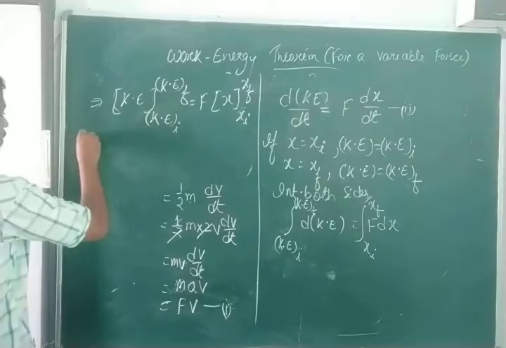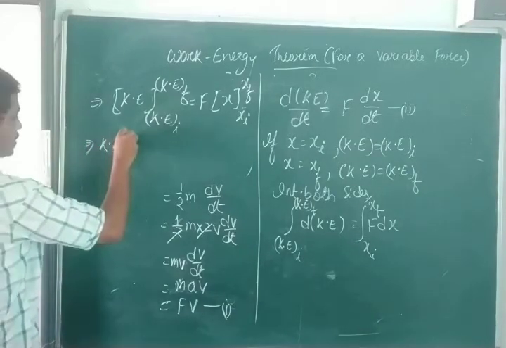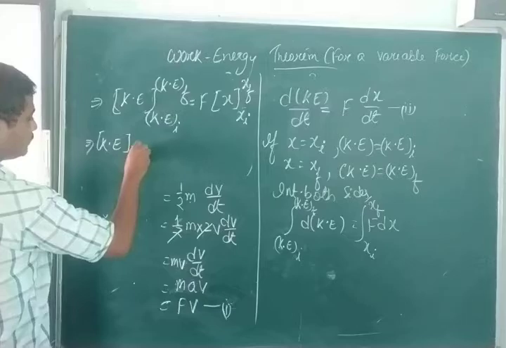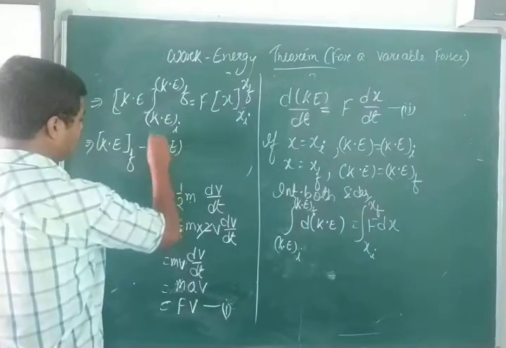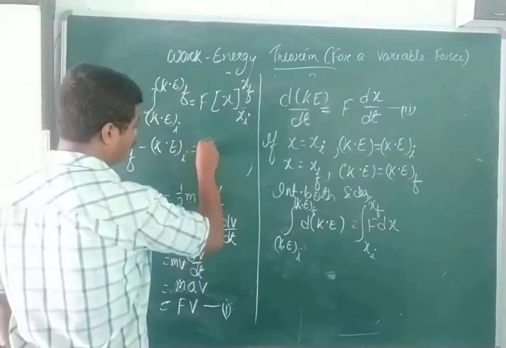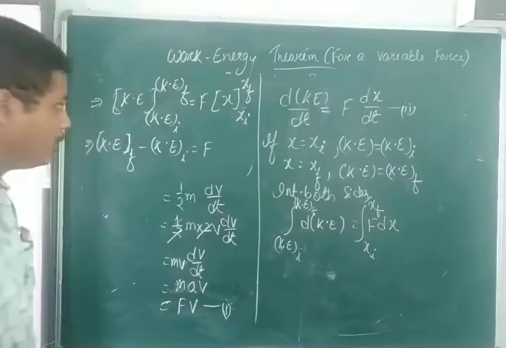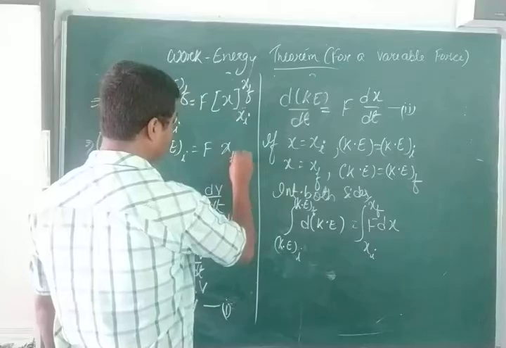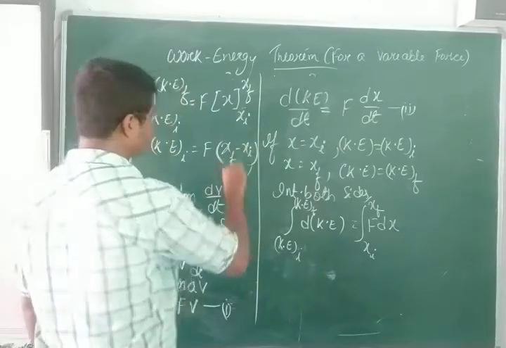Then if you break it, this will be kinetic energy final minus kinetic energy initial equals F of xf minus xi.